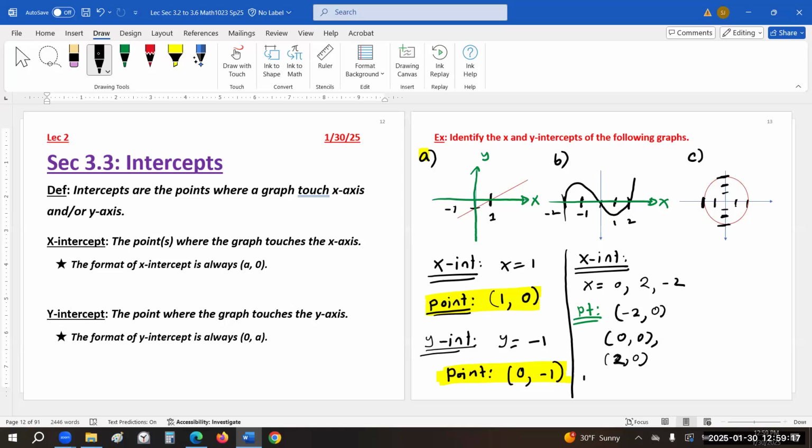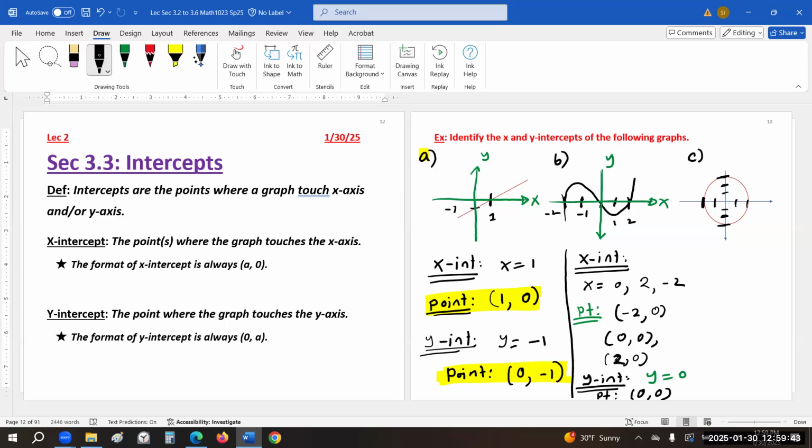Who would like to help me with the y-intercept? Y-intercept is when you're crossing the y-axis. So this is the y-axis. X equals 0, but the point is 0, 0.